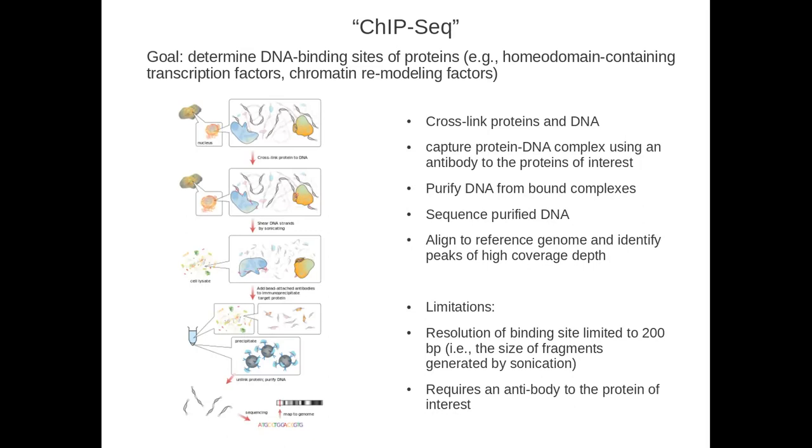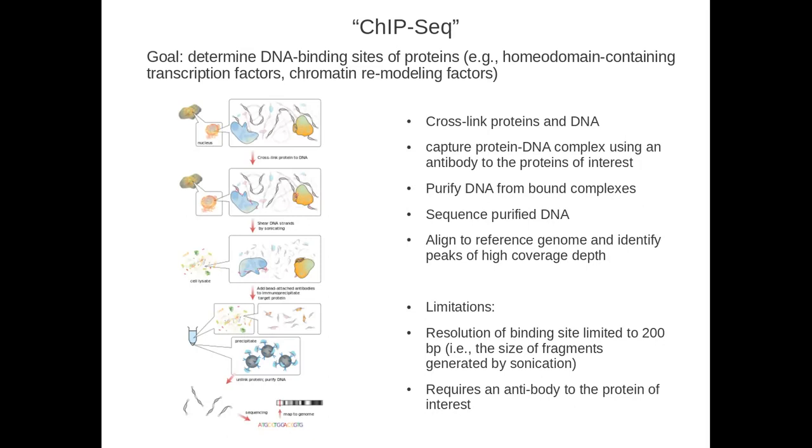So it's pretty slick. What we do is we cross-link the proteins in DNA, so we physically bind the proteins in a particular sample to the DNA. We cross-link them so they're now covalently bound, so they can't slip off the DNA during the course of the experiment.